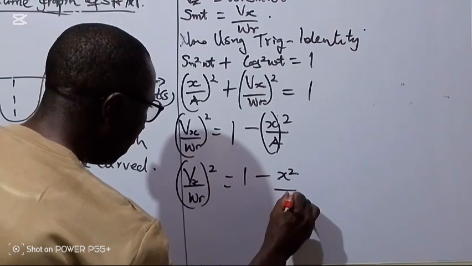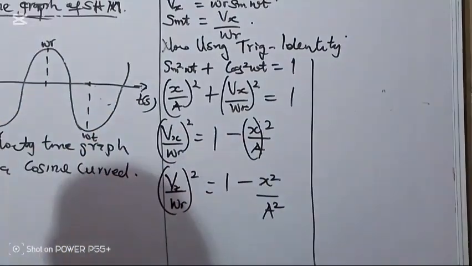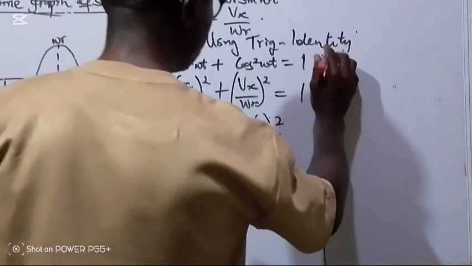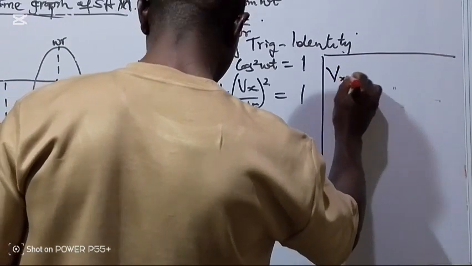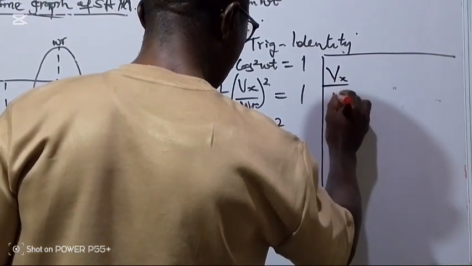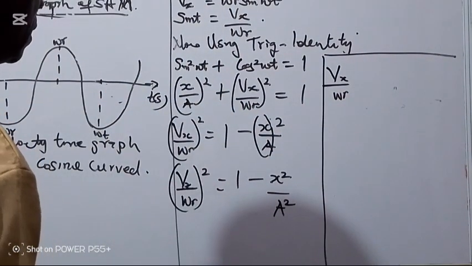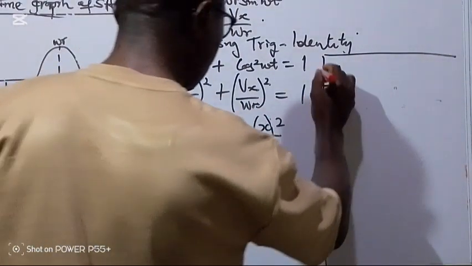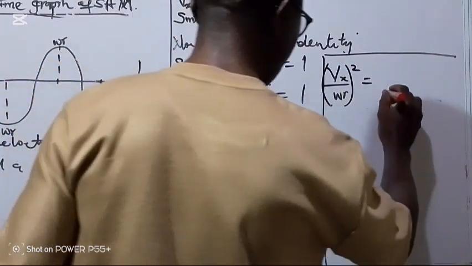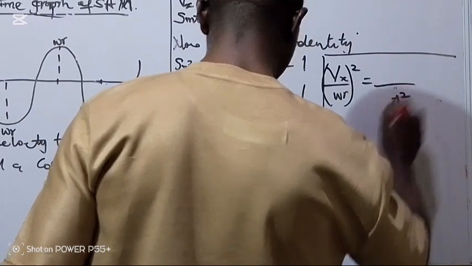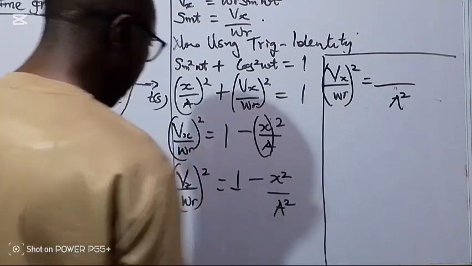Now, from there, we are going to have v over omega, squared, will be equal to a square. When you write this one also over 1, then the LCM will be a square.